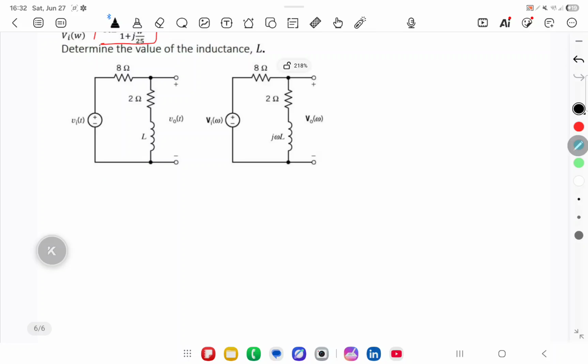Here we see two circuits. Please pay attention that this is essentially one circuit but represented in different domains. This is the time domain and this is the frequency domain.